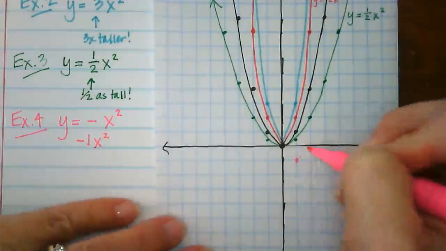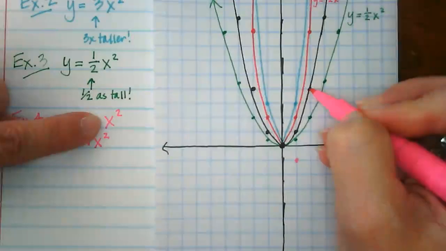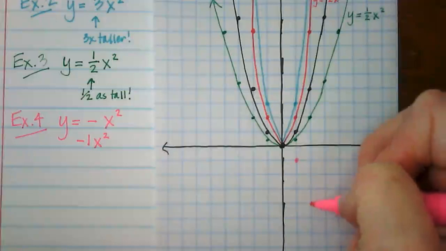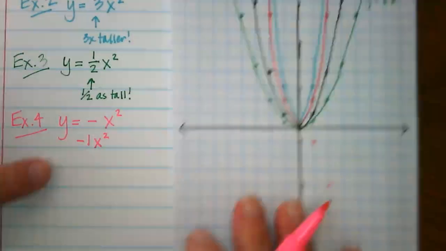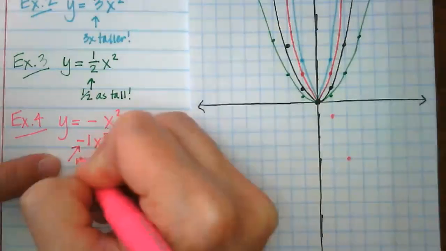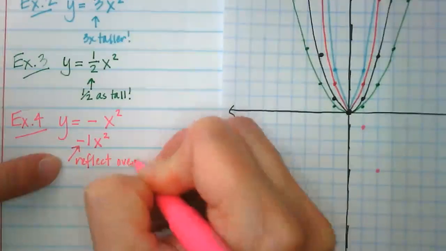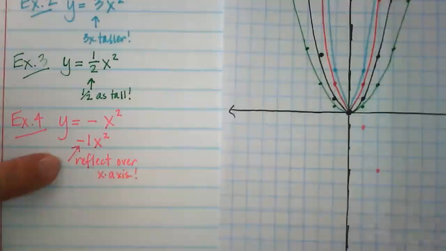If we go over 2, a normal parabola would go up 4, but this one is going to go down 4. So hopefully what you're realizing is that this negative right here causes this to reflect over the x-axis.